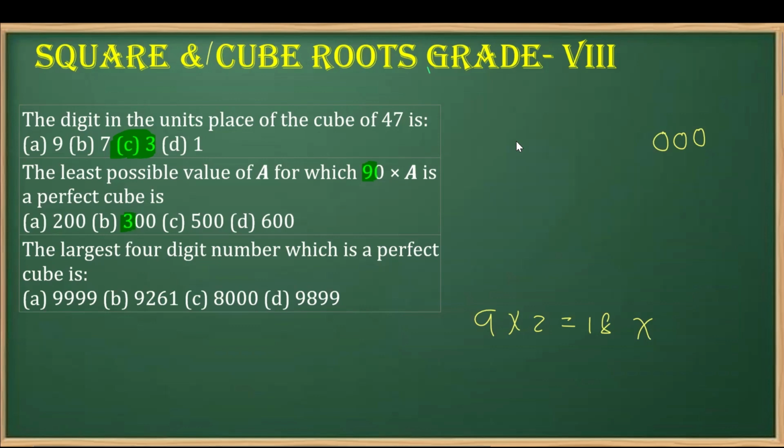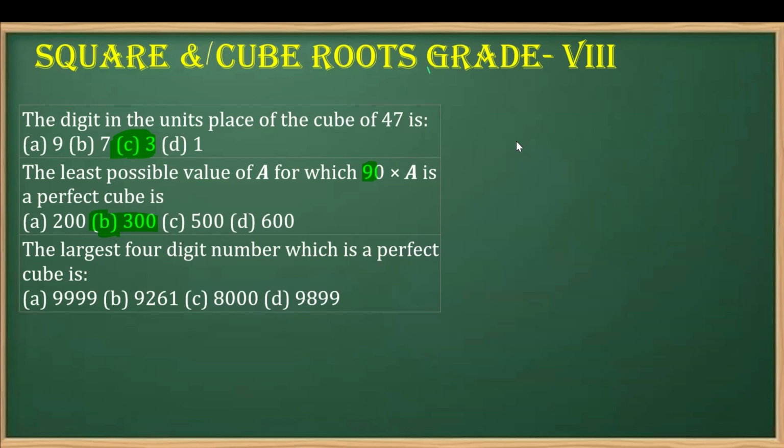So 9 into 3 is how much? 27, which is a perfect cube. So we can say that on replacing A with 300, we get 27000, which is a perfect cube. Right, so the correct answer should be option B over here.